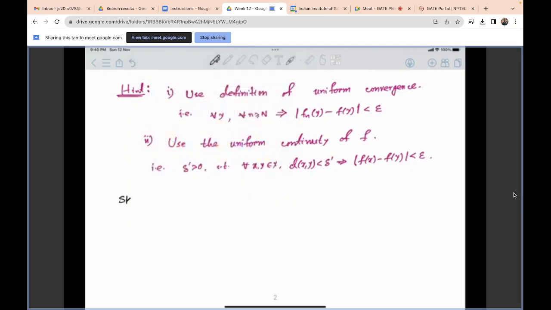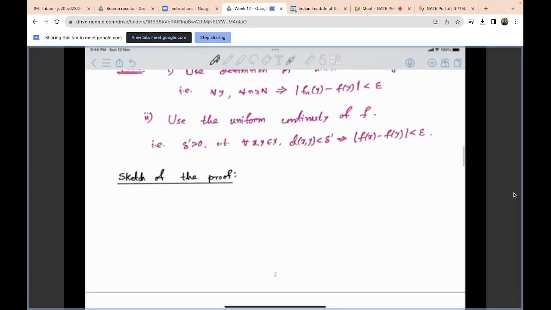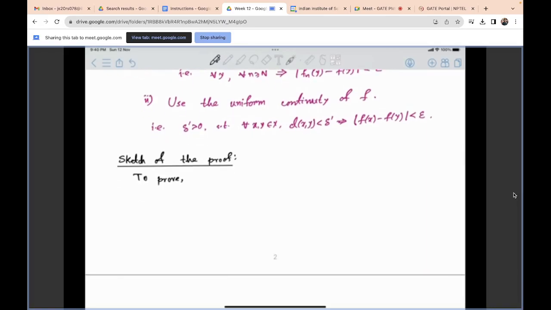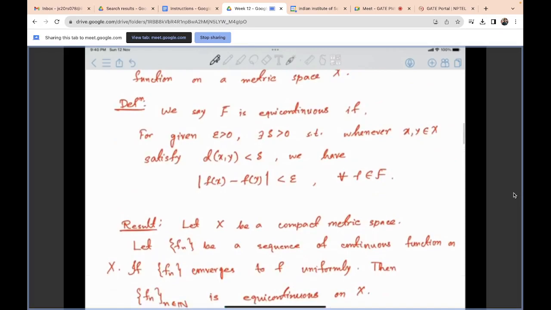So these are the two hints and a sketch of the proof. What do you have to prove? What is the definition of equicontinuity?